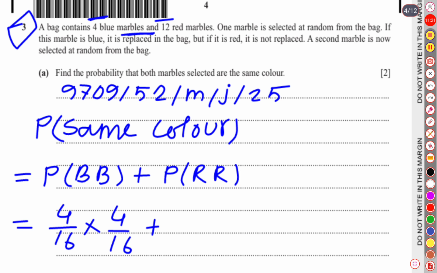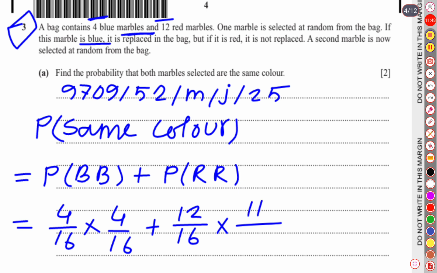Let's see what happens if the first one is red. For a red marble, the probability is 12 out of 16. Now remember, if the marble was blue, it was replaced in the bag, but if it is red, there is no replacement. That means one from red as well as one from the total number has decreased.